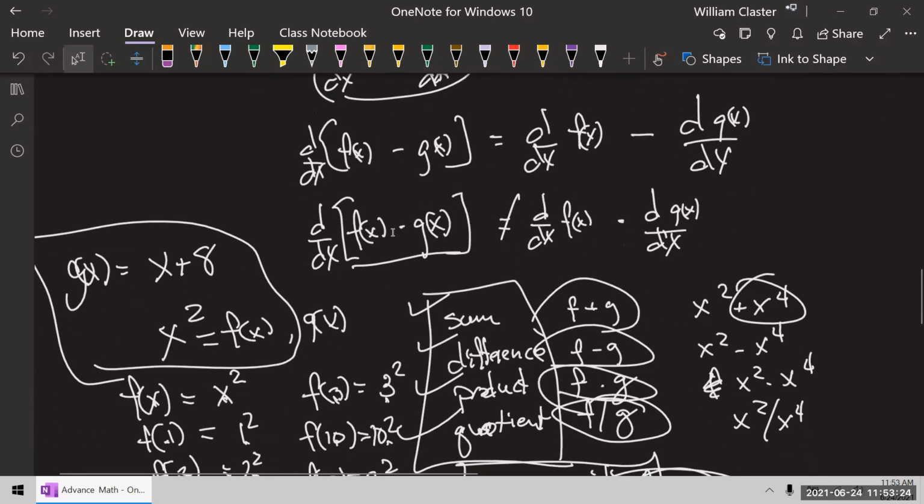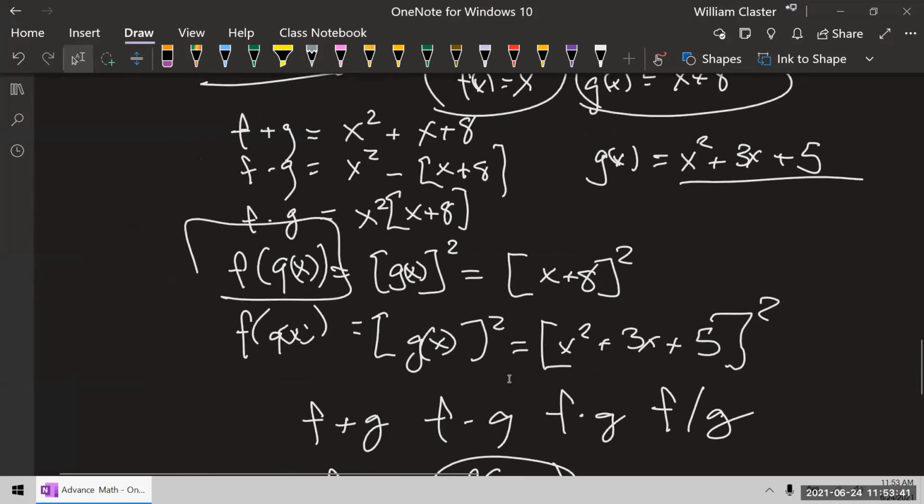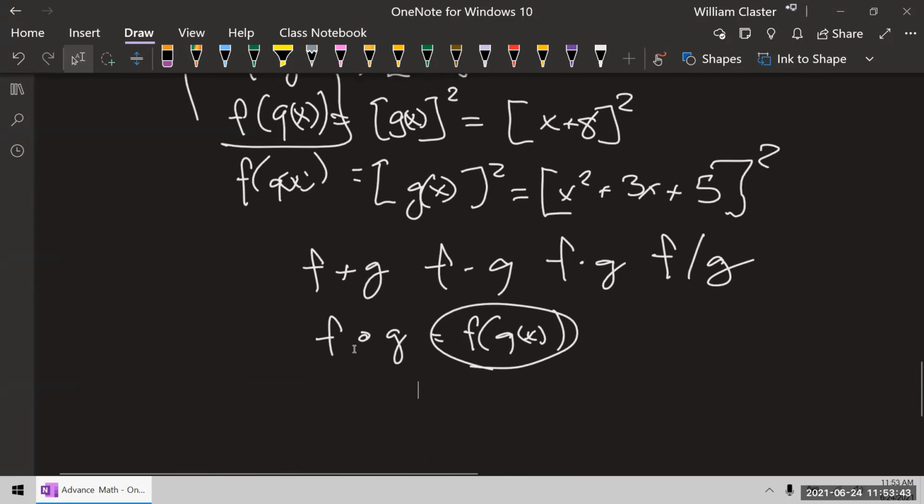And there's also a rule for division. So there's a rule for finding the derivative of a sum, a difference, a product, and a quotient. And there's also a rule for finding the derivative of a composition.